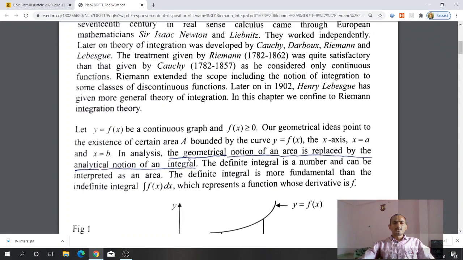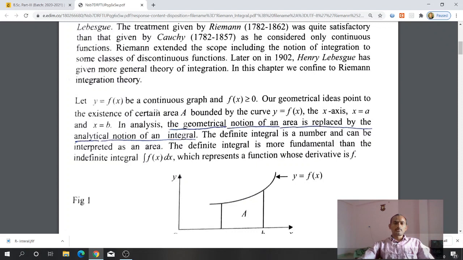So let us take one curve y equals f of x, which is a non-negative curve. It means that the graph plotted in the xy plane is above the x-axis. So this is the graph of your curve y equals f of x.